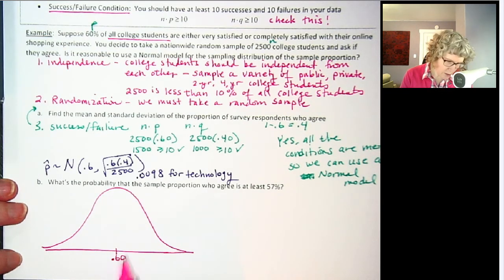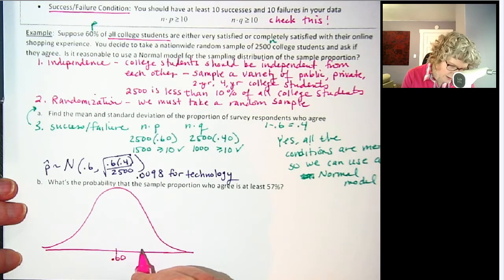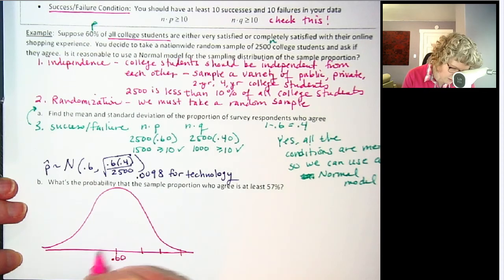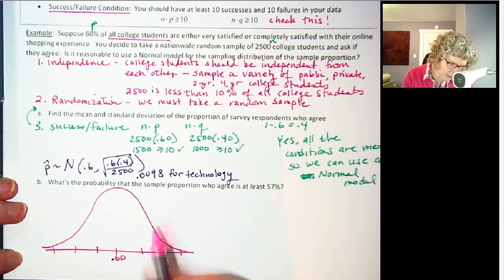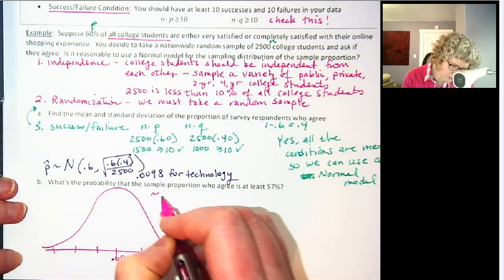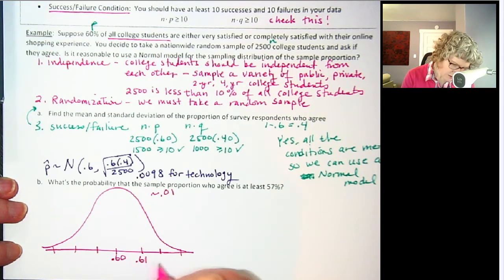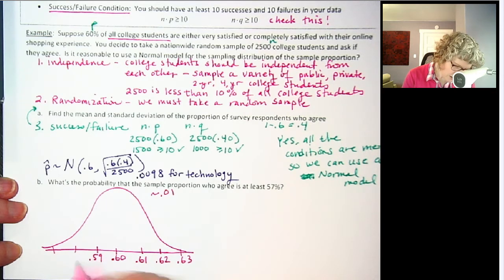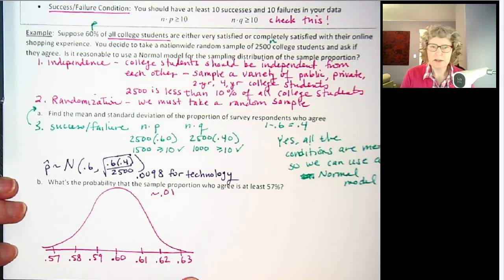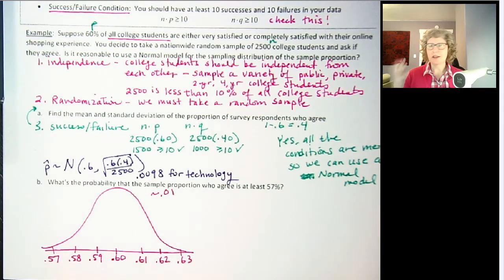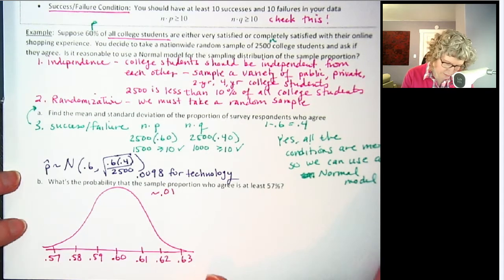That's our population mean for college students who were very satisfied or completely satisfied. And then 1, 2, 3 standard deviations. Since this is almost 0.01, I'm going to round it to 2 digits so I have a percentage. So this is going to look like 0.61, 0.62, 0.63, 0.59, 0.58, 0.57. That makes it easy to read this as a percentage. If you get too many decimals, it's hard to conceptualize anyways.